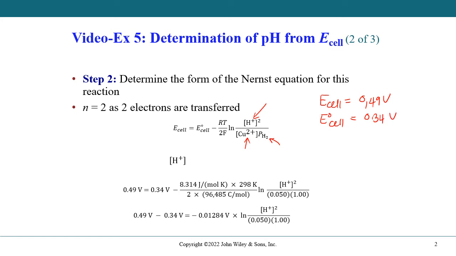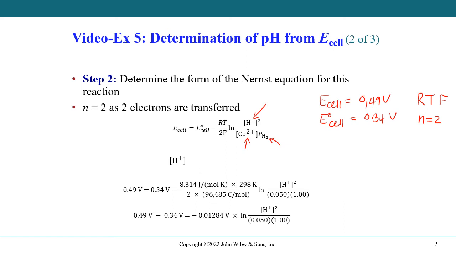We know R, we know T, we know F, and we know that N equals 2. And we know the concentrations for the copper, and the partial pressure of hydrogen is 1 atmosphere.